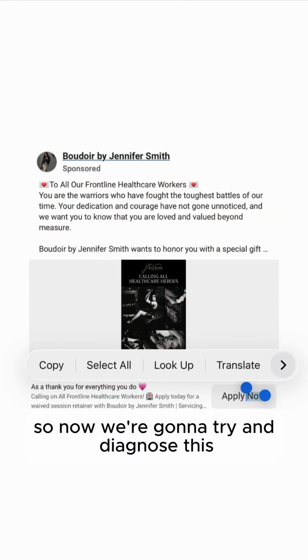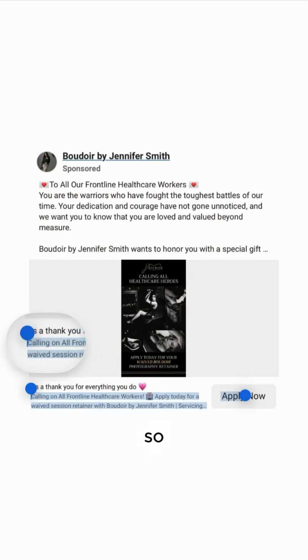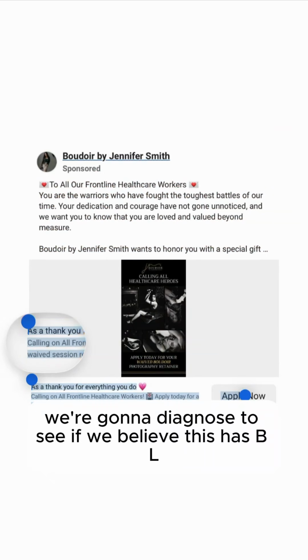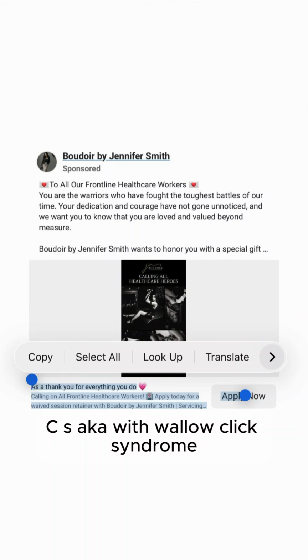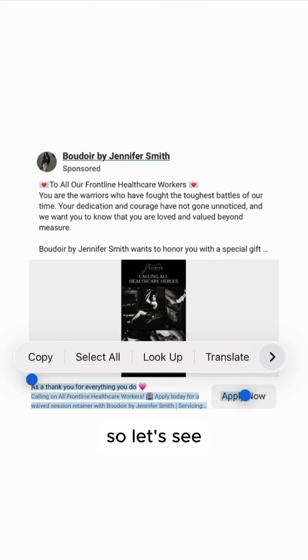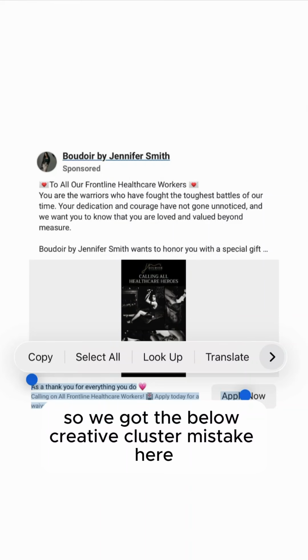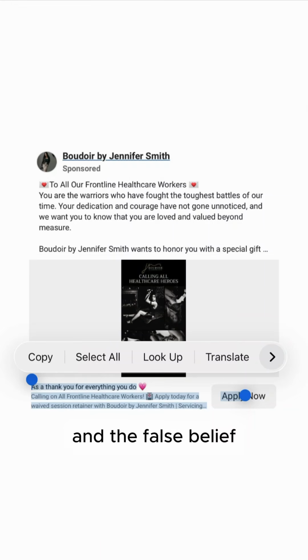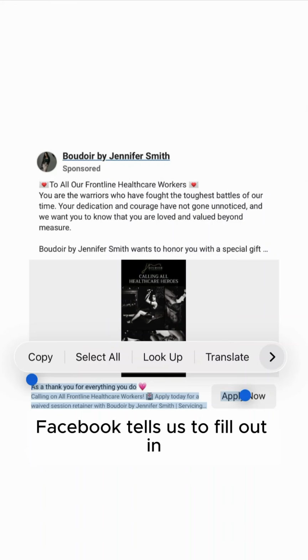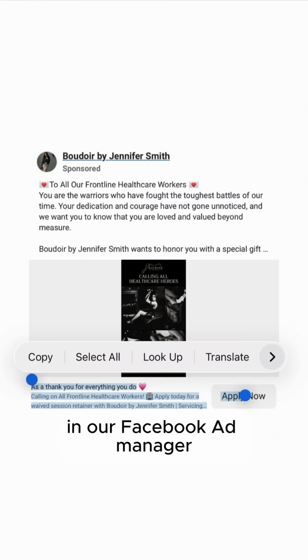So now, we're gonna try and diagnose this, if we believe this has BLCS, aka boudoir low click syndrome. So let's see. We got the below creative cluster mistake here. And the false belief that caused us to make this mistake is filling out everything Facebook tells us to fill out in our Facebook ad manager.